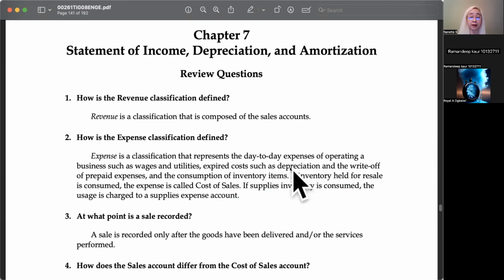Now, this word, Raman, is depreciation. Depreciation means that some of the items experience wear and tear as you use it or as the years pass by. So, for example, you buy a brand new car. A brand new car today will not be a brand new car next month or next year.